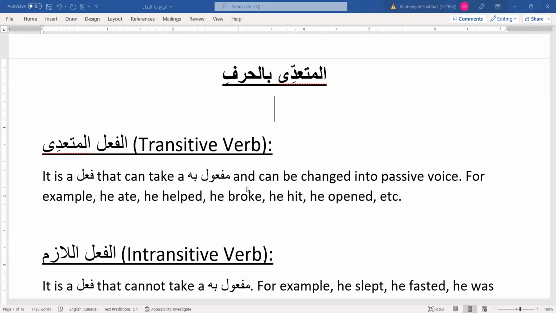And al-fi'l al-muta'addi, the transitive verb, can be changed into a passive voice. Two things about al-fi'l al-muta'addi: it can take a maf'ul bihi, and it can be changed into passive voice.